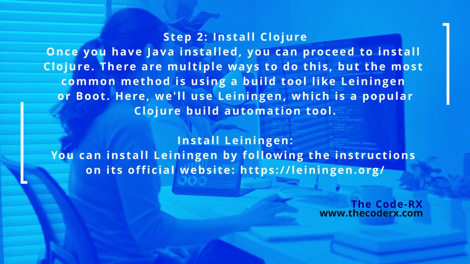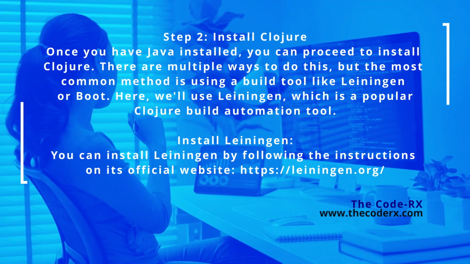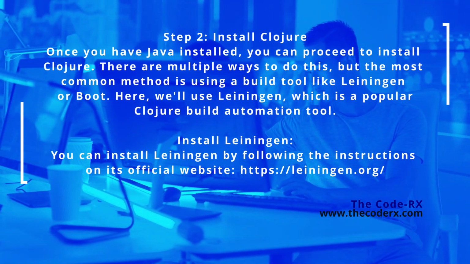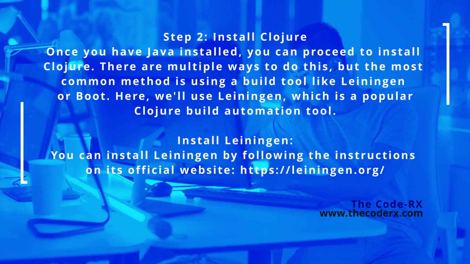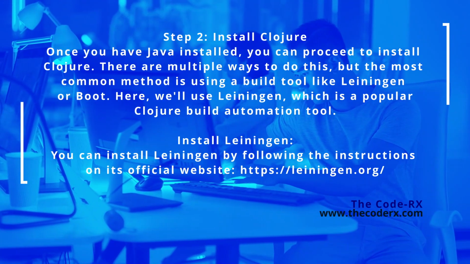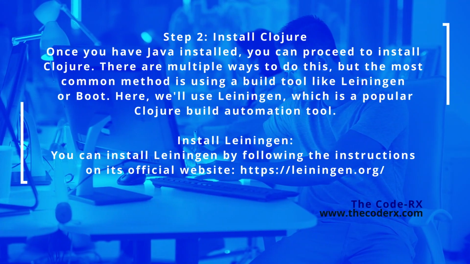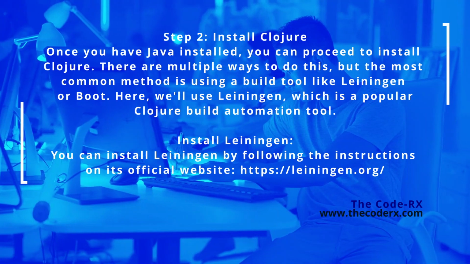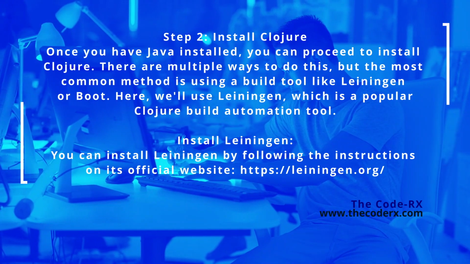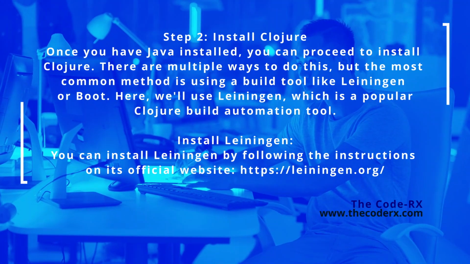Now, once you've installed Java, you can proceed to install Clojure. There are multiple ways to do this, but the most common method is to use a build tool like Leiningen or Boot. In this example, we're going to use Leiningen, which is a popular Clojure build automation tool.